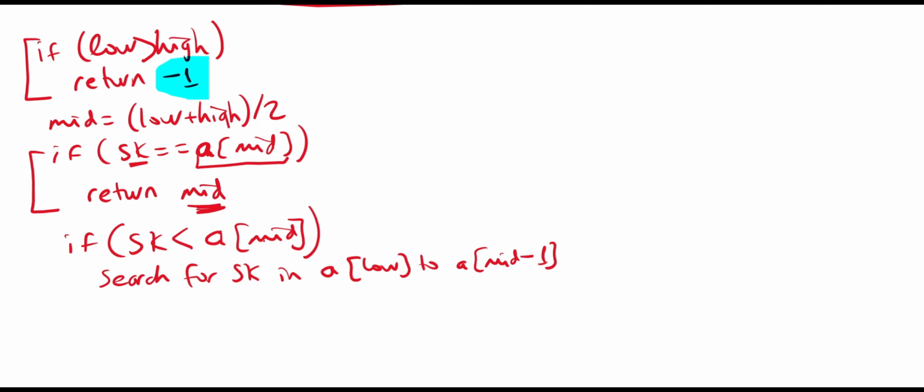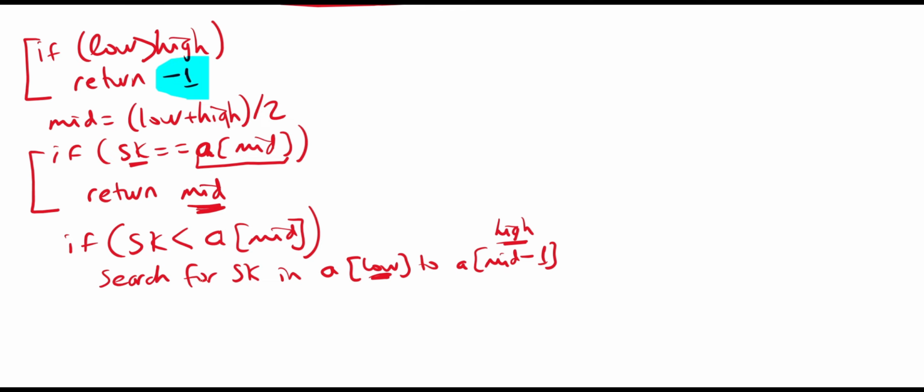If the search key is less than the element pointed to by mid, then we are decreasing high by 1. This point is high actually. Decrease the high, so high will be equal to mid -1. So the algorithm will make a new search between low and the new high.